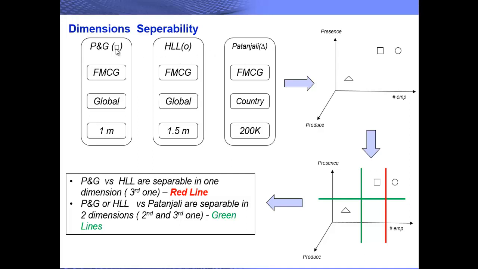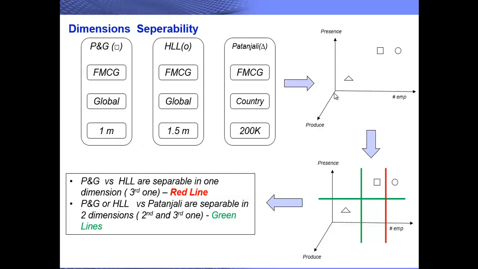Procter & Gamble is a square, HLL is a circle, and Patanjali is a triangle, and we try to plot them on those 3 dimensions over here. So why is the triangle over here? Because the number of employees is 2 lakhs as compared to 15 lakhs and 10 lakhs.